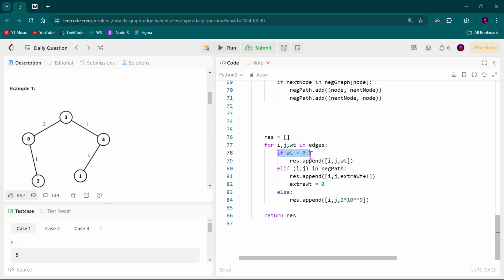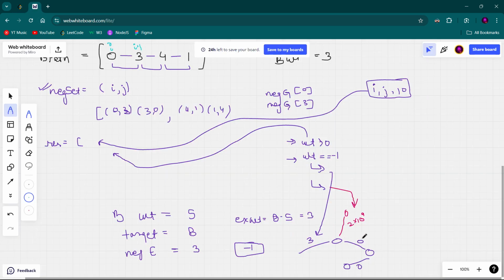Now, calculating the result. First condition, if the weight is 0 in the edge, I'm simply adding this to the result. Okay, now this is the condition for the negative weights. If it is -1 and in the negative path, meaning in the best path, I am going to put extra weight plus 1 and make extra weight 0. In the starting, I have marked them as 1, so according to that I have the weight.